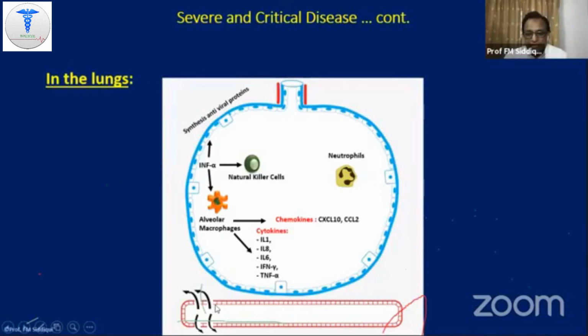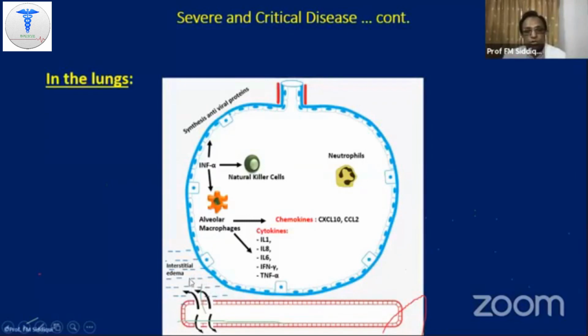Not only that, they cause increased permeability of these capillaries. So fluid from the capillary starts oozing out into the interstitial space. As the process continues, more and more fluid comes, and the patient starts getting breathless.